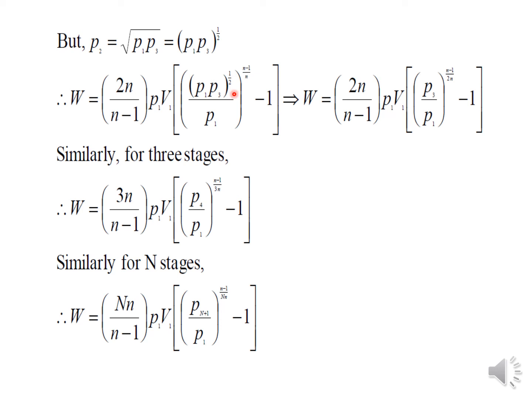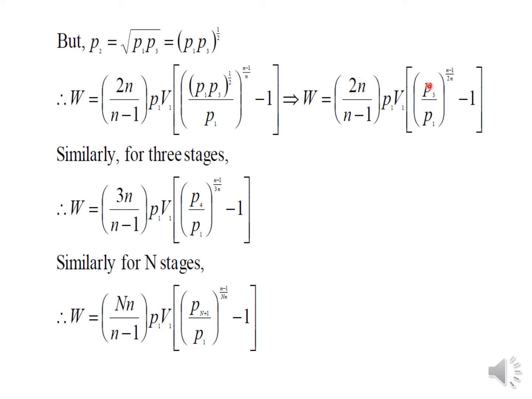Then this P1 cancels and it remains as P1. Taking the half above, the exponent becomes n minus 1 divided by 2n. So if I simplify, it becomes P3 by P1 raised to n minus 1 divided by 2n. Just try to simplify this. This is the final equation for the two stage.